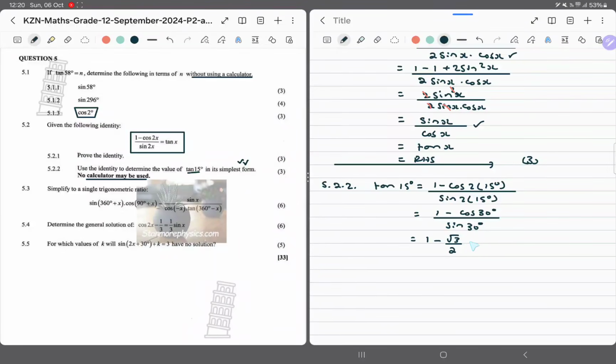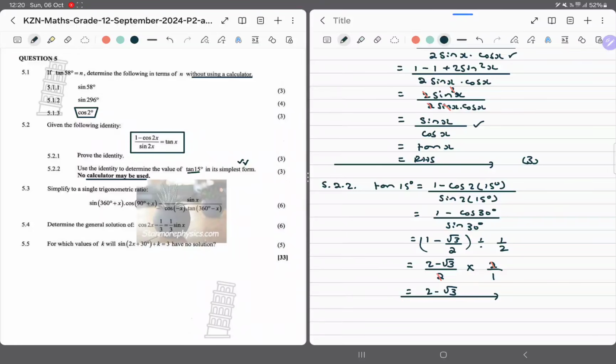Okay, now we can combine this and say all of that is divided by sine 30 is a half. All right, let's sort it out. Now 2 there, it's going to be 2 minus 3, so this is going to be 2 minus root 3 over 2. Now we flip this, it's going to be 2 over 1. So this and that do the honors, and all we have is 2 minus root 3 as our answer.